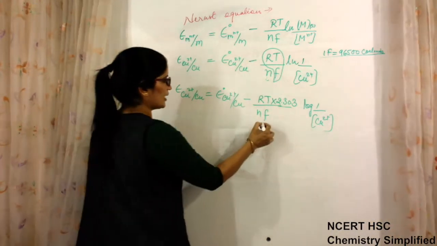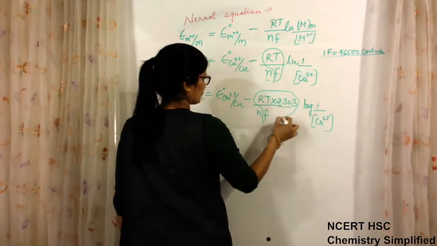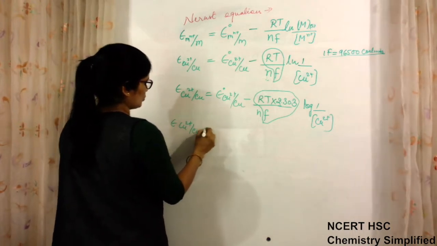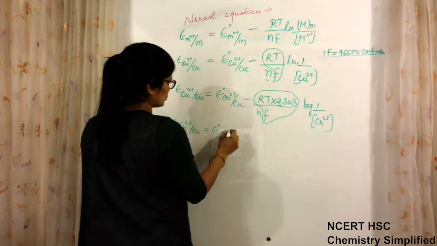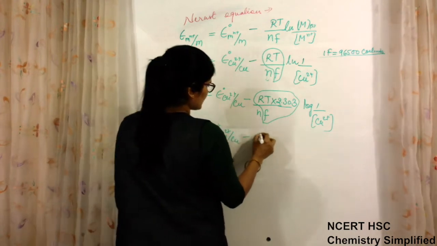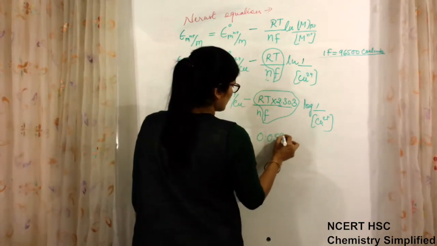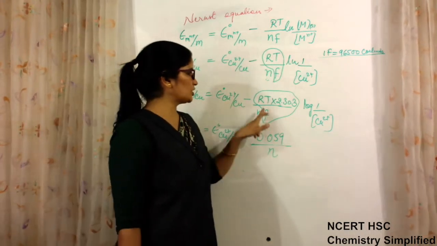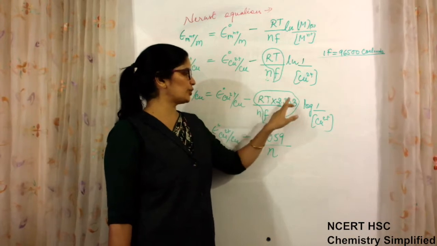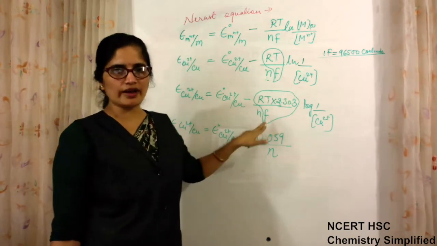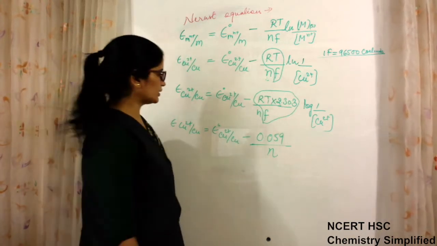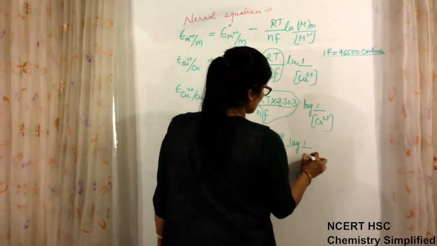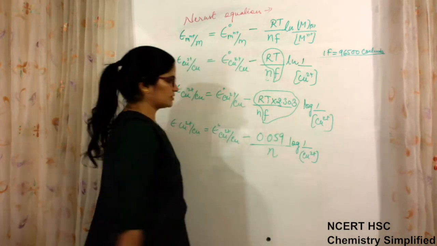On putting the values of all these, it comes E Cu2 positive/Cu is equal to E standard Cu2 positive/Cu minus 0.059 upon n. This 0.059 includes the values of R, T, 2.303 and F. These all values are included in this. Log of 1 upon Cu2 positive concentration.